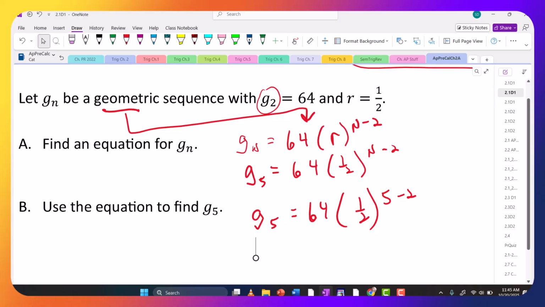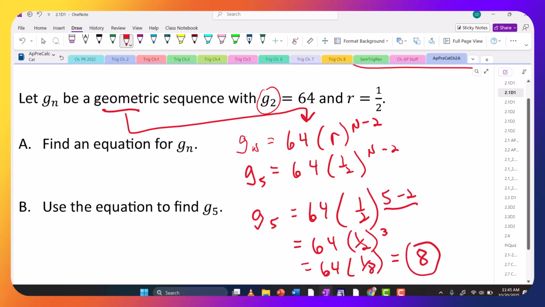I have to multiply again to get to g sub 4, and I have to multiply again to get to g sub 5. That's 3 multiplications. That's why this is 1/2 raised to the 3rd, which would be 1/2 times 1/2 times 1/2, which is 1/8. Not 1/6, that's adding. Hurrah! And that's what g sub 5 would be, 8.